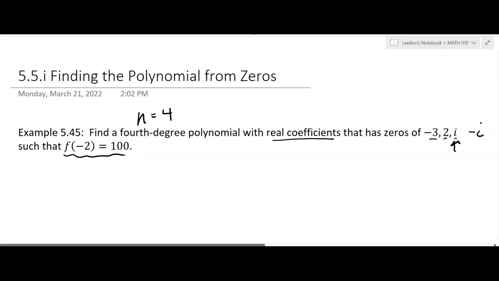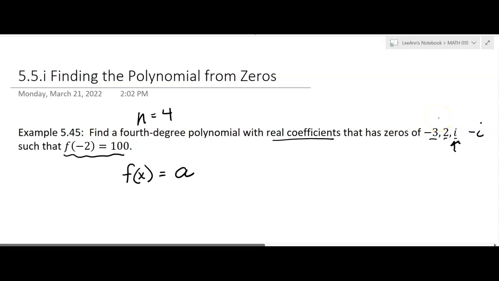Okay, then we also have this information here that we're going to use. f of -2 is equal to 100. So we're going to say our polynomial f of x is equal to a. Remember, there's some constant that could have been factored out of the whole polynomial, and we'll figure out what that a is, but not just yet.